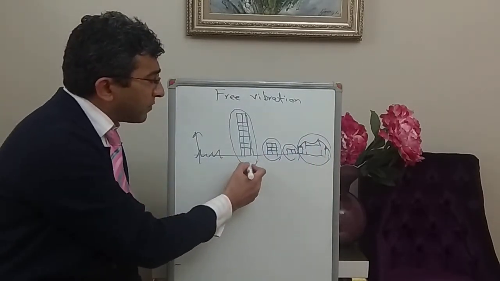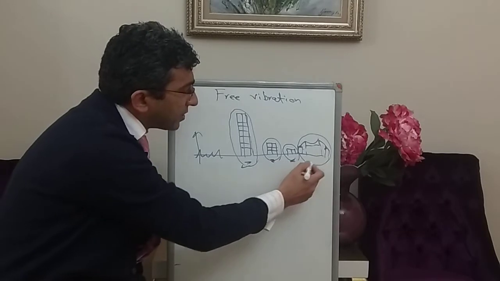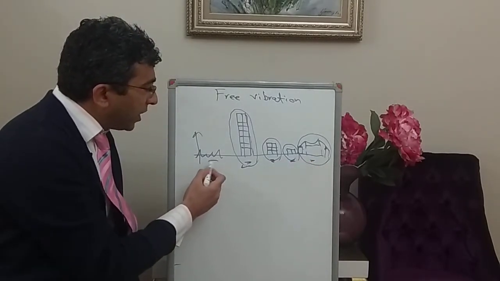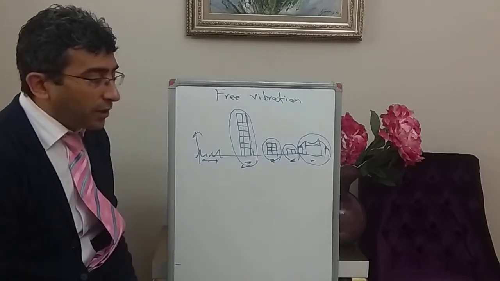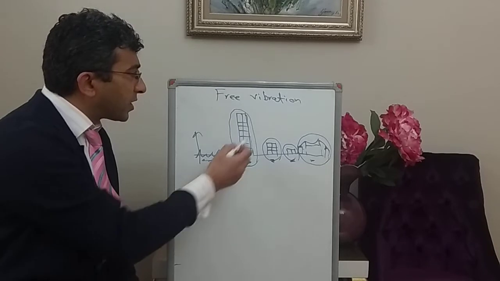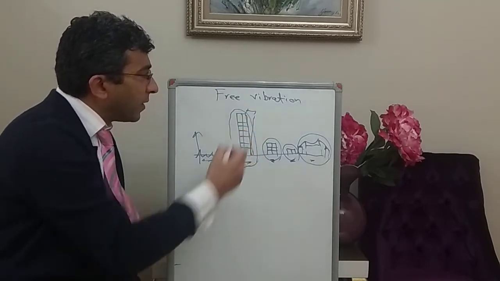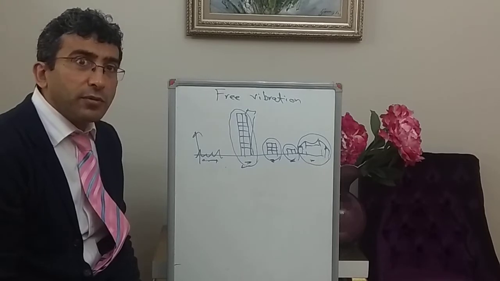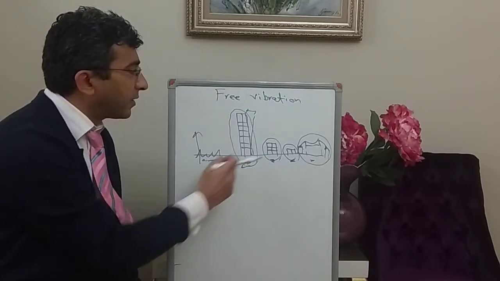According to these characteristics, especially its natural frequencies, and according to the natural frequency of the ground shaking, the response may differ. So the response of these buildings against earthquakes may differ according to those characteristics.